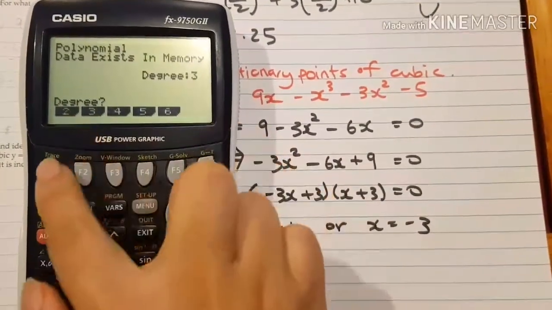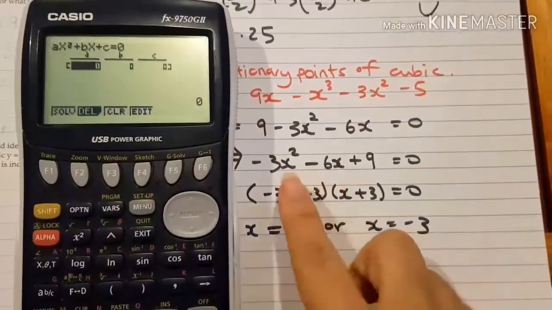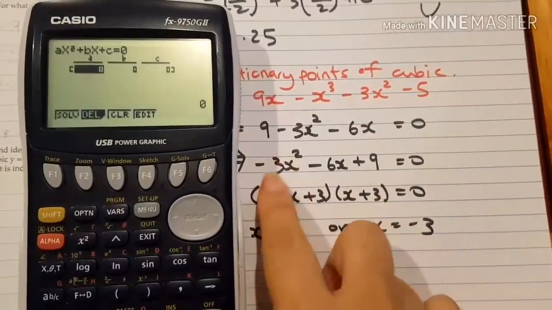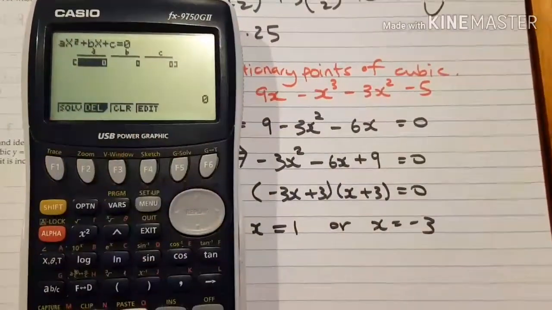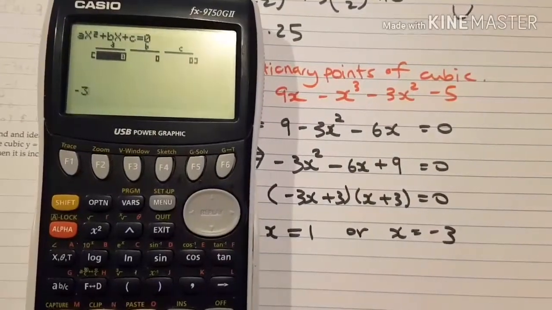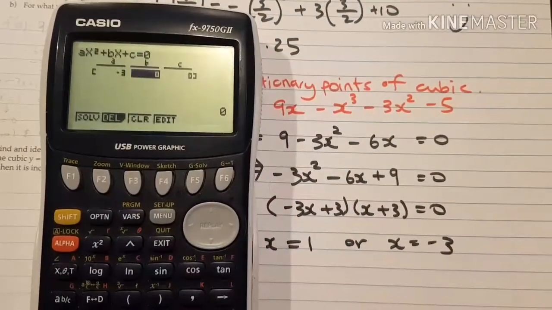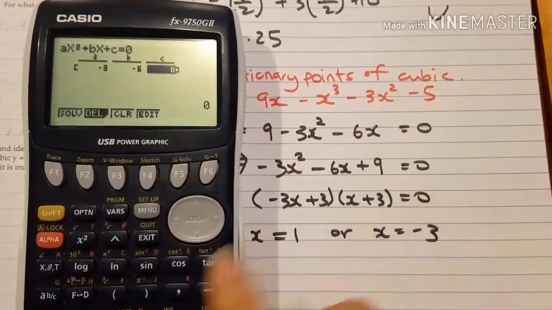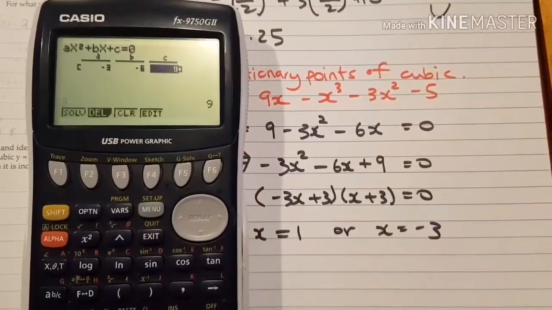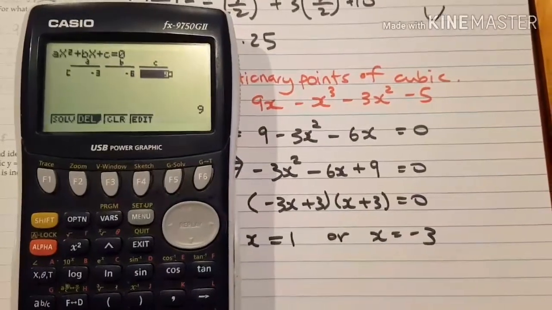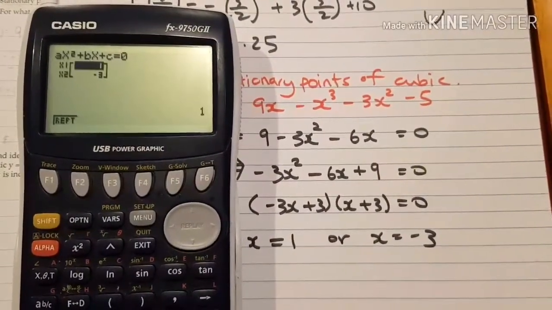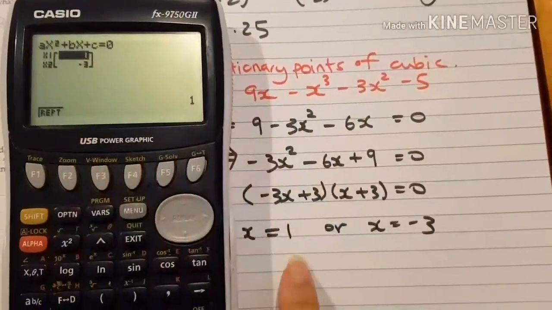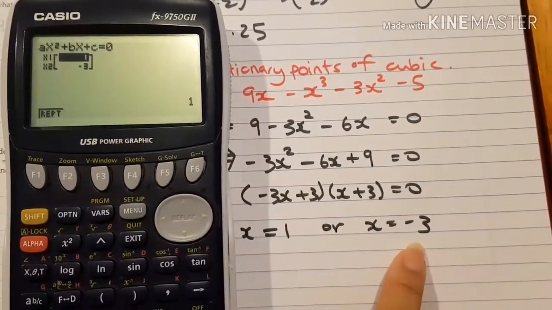My a value is -3. I'm going to press -3, followed by -6 over here, and the last one, 9. Then enter again. Then I'll get my final solution, 1 and -3.